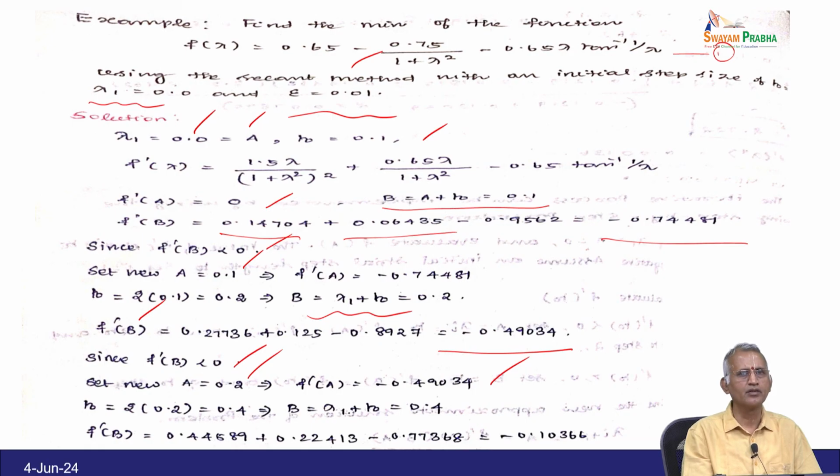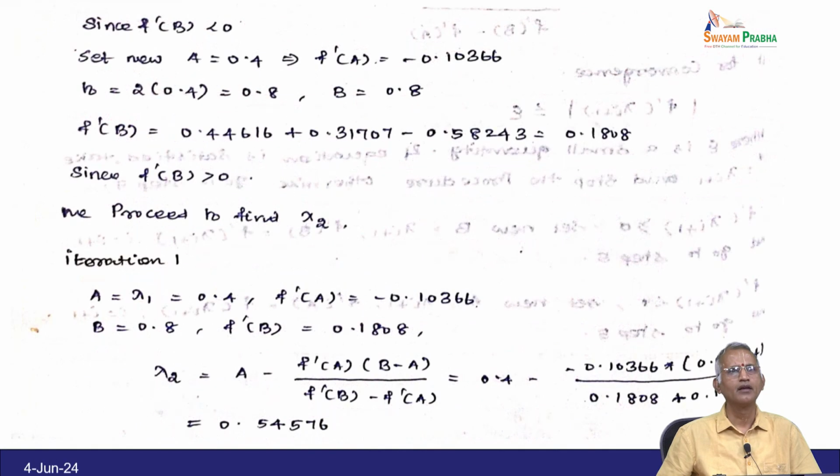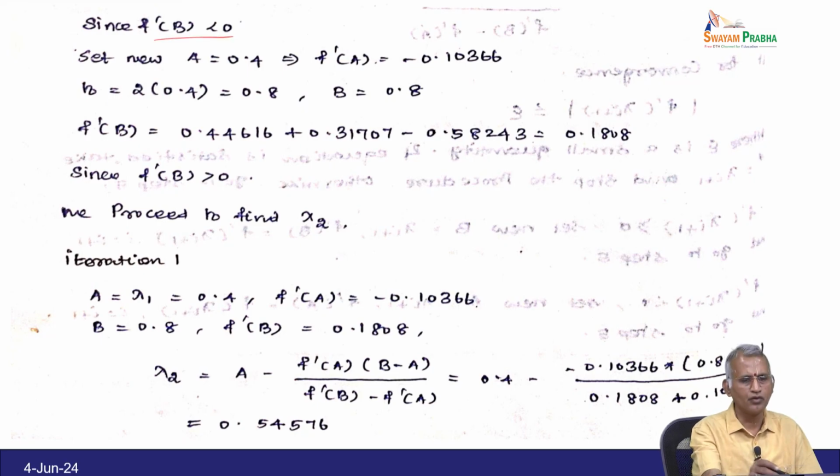A plus t naught equal to B equal to 0.4, and f dash of B equal to, substitute this value in f dash of lambda, lambda equal to B, so that we have negative 0.10366 will come. Since f dash of B is negative, set new A equal to 0.4.